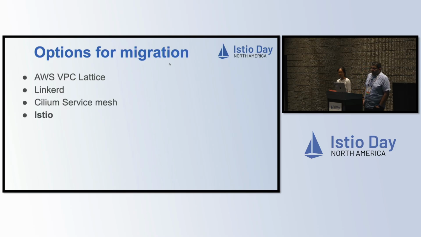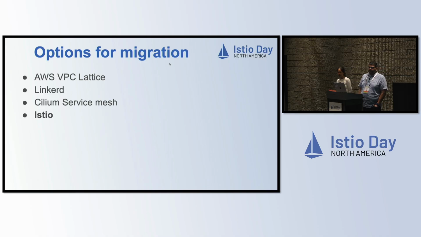So we ended up evaluating four main projects. The first one was AWS VPC Lattice. This is a project provided by AWS that is proposed to replace App Mesh for EKS.